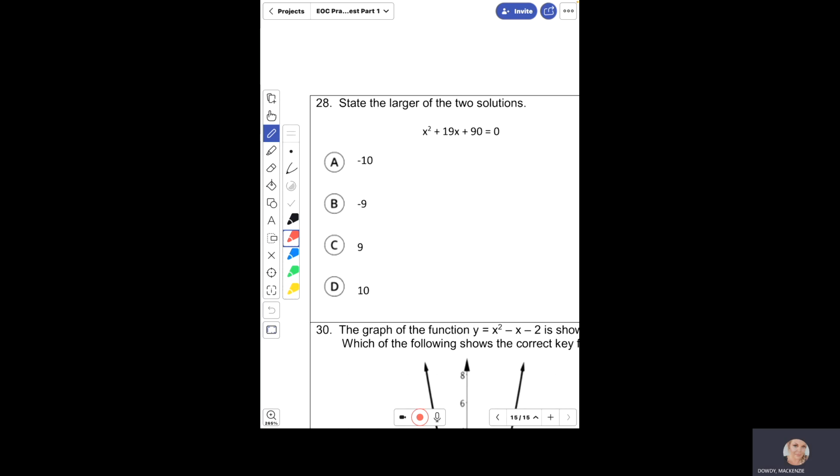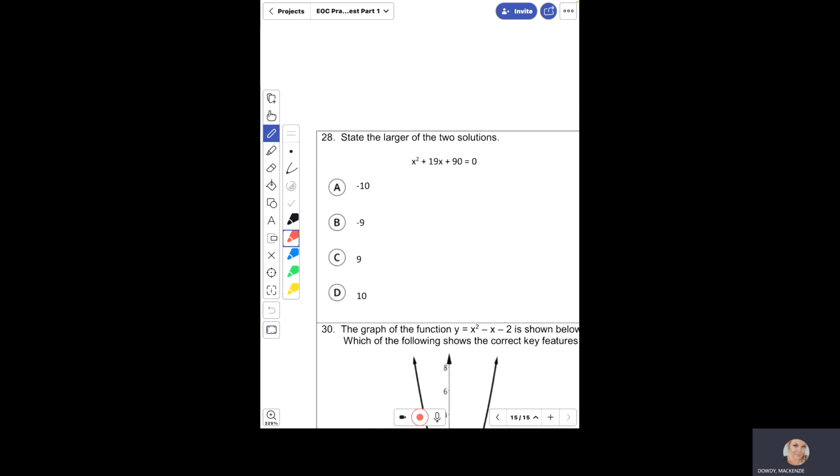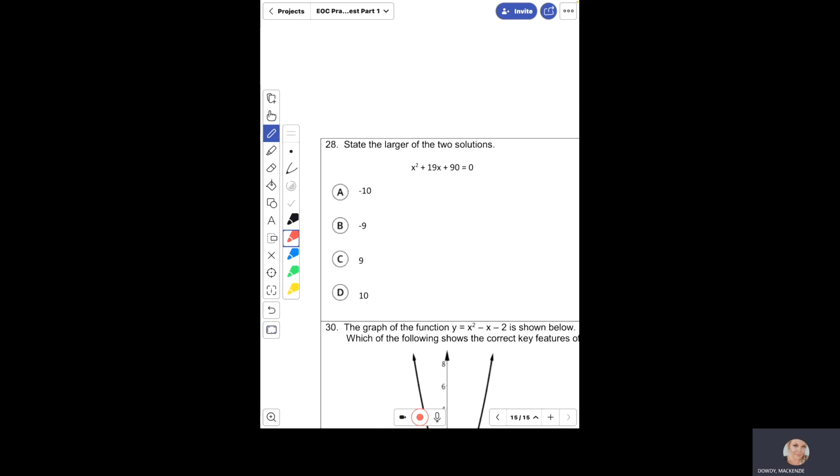Now they want us to state the larger of the two solutions. So that just means that we are going to factor this, set it equal to 0, find our solutions. We need to find two numbers that when we multiply them, we get a times c, but when we add them, we get b. So a times c is 90, b is 19.